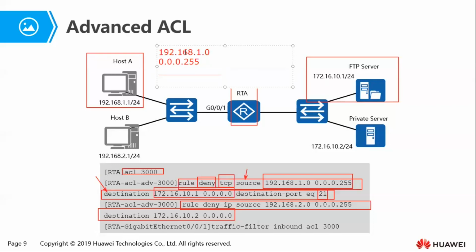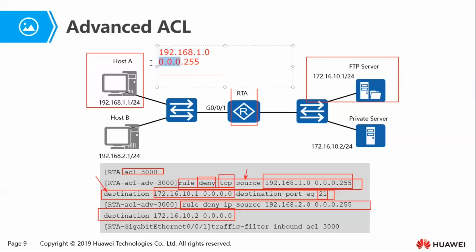Okay, so I want to show you how ACLs actually make decisions using the inverse mask. Everywhere on the wildcard mask where we have a 0, the IP address must match at that particular point.